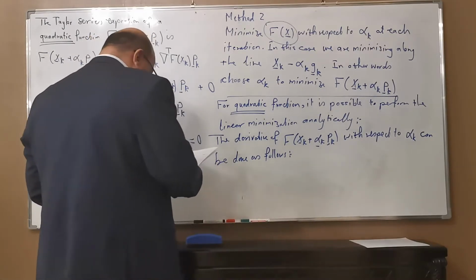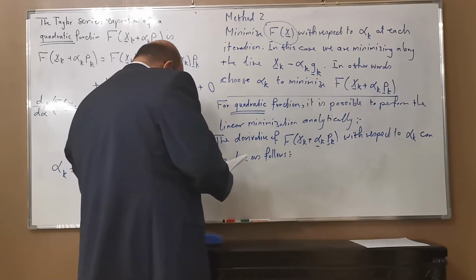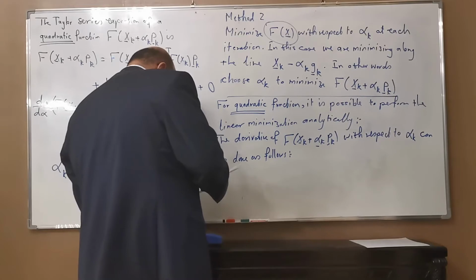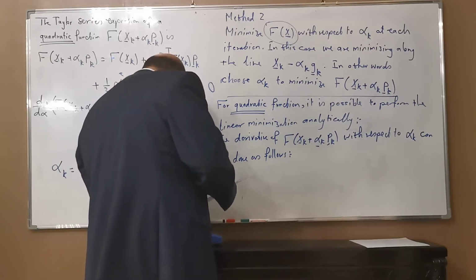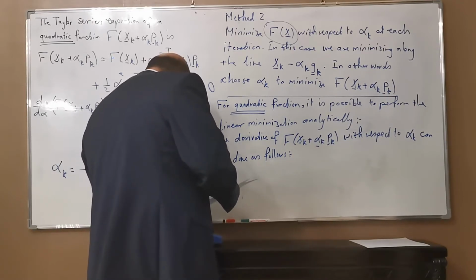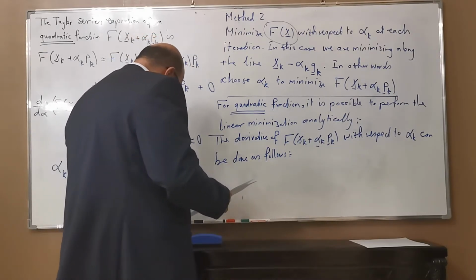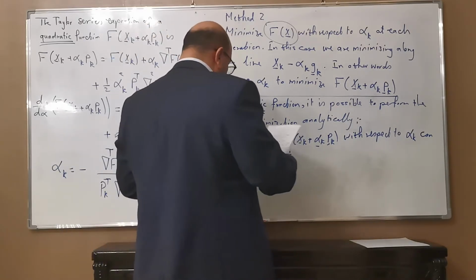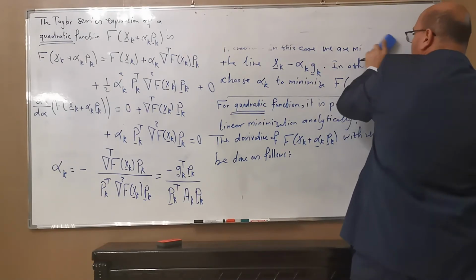And we say that this equals minus gk transpose pk over pk transpose Ak times pk, where A is the Hessian evaluated at xk.